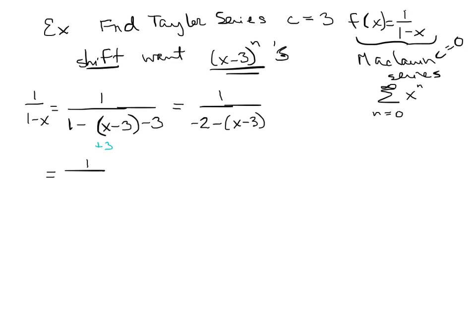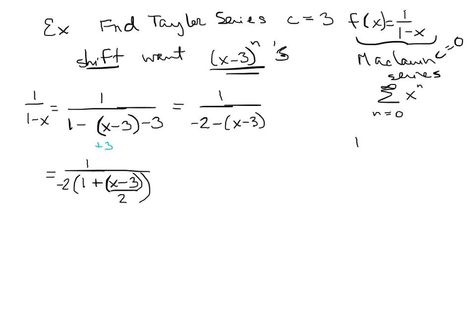So 1 over negative 2 leaves me with 1 plus x minus 3, all over 2. Because if I multiply through by the negative 2, I get negative 2 minus x minus 3. Yep, so I still have kept equality here. And now it's in a form that I can use.